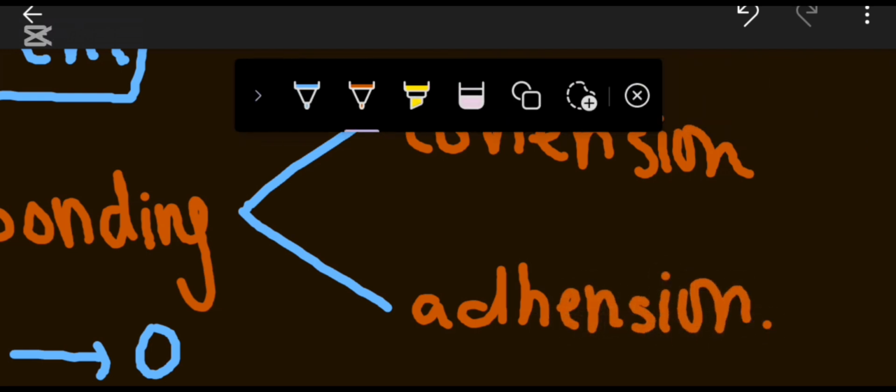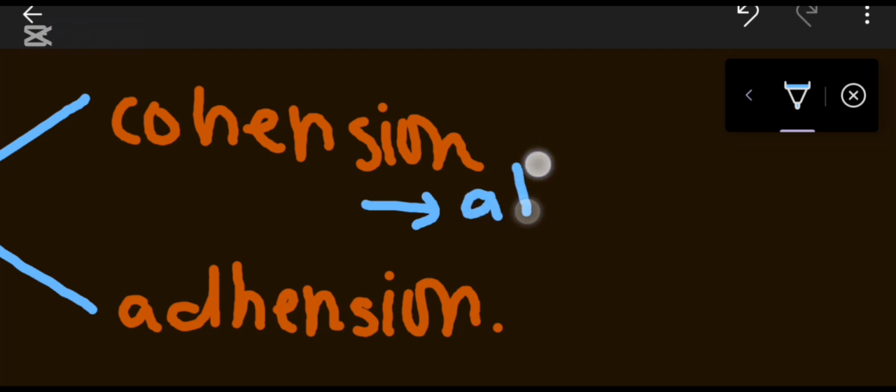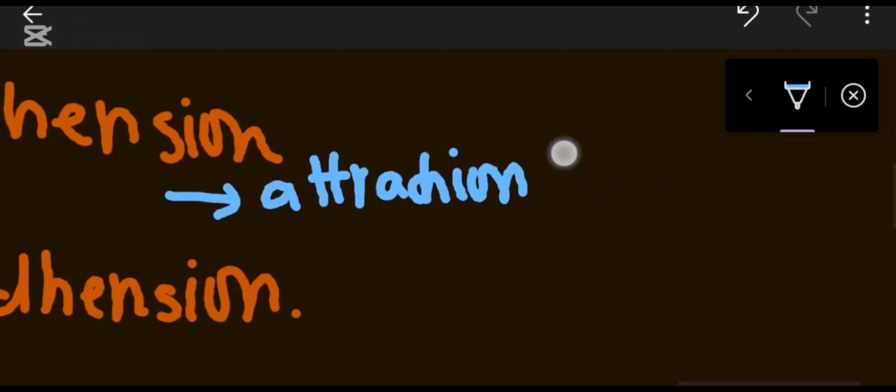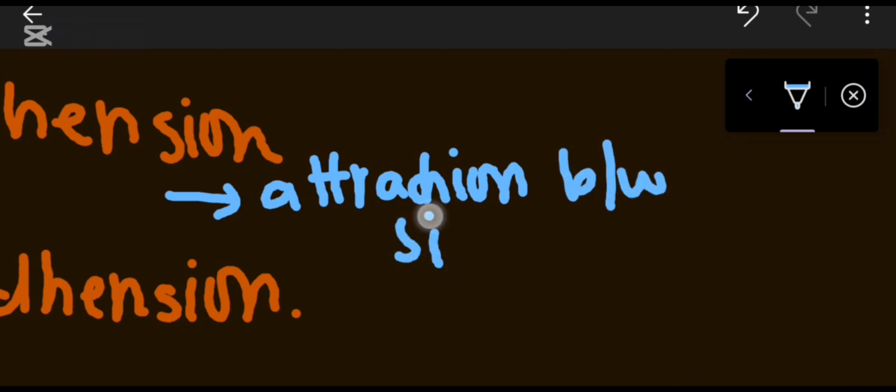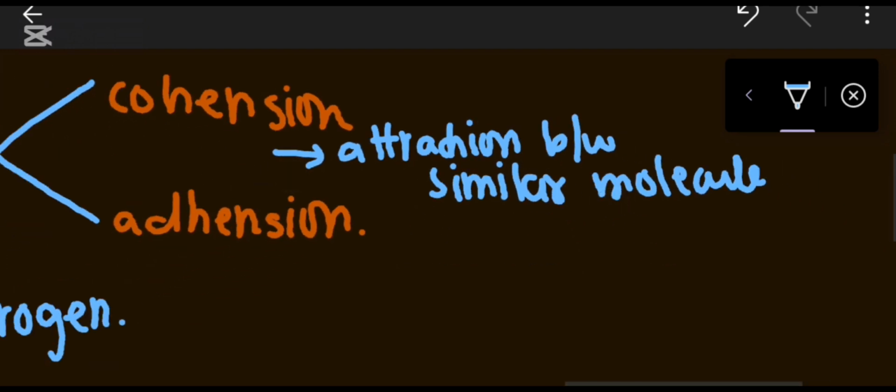Cohesion basically tells us the attraction among water molecules, or the attraction between two similar molecules or atoms. For example, the attraction of water in the xylem with water is known as cohesion. And what is adhesion?